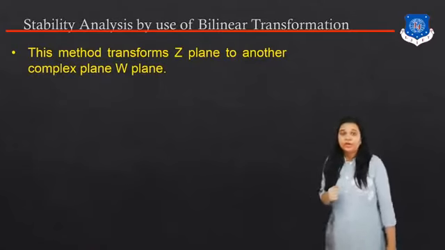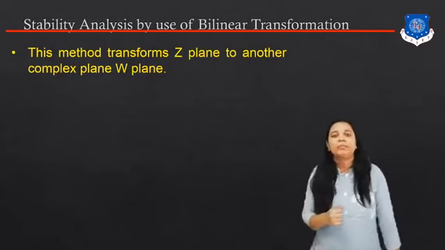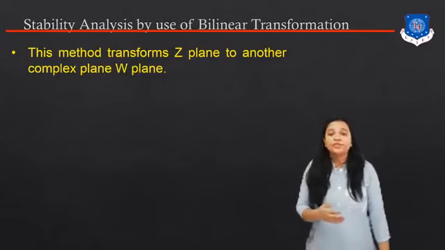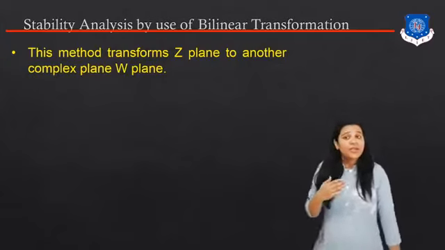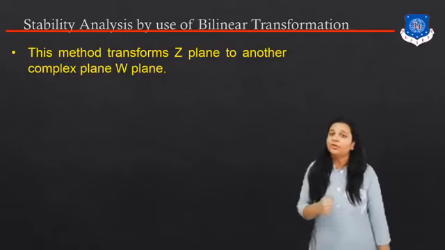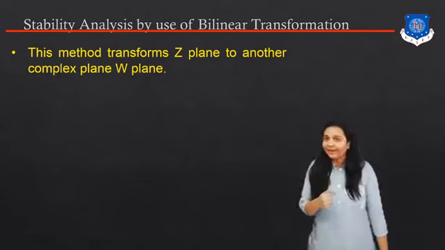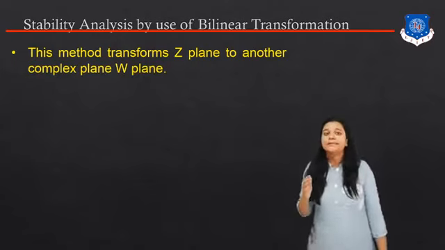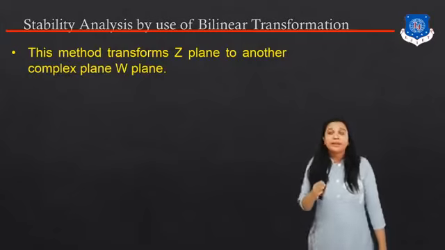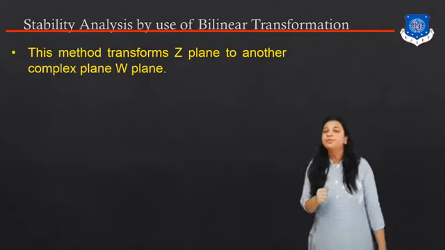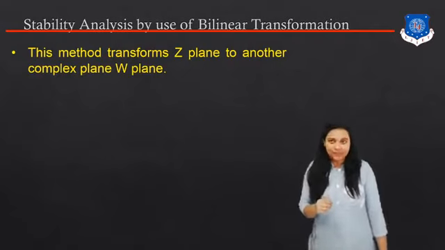First of all, we should know the stability criteria for a system. As you studied in control theory, we follow some basic guidelines to find the stability. The first rule is: if all the poles and zeros are located in the left half plane, that system is known as a stable system.